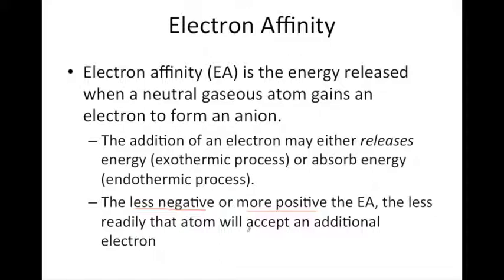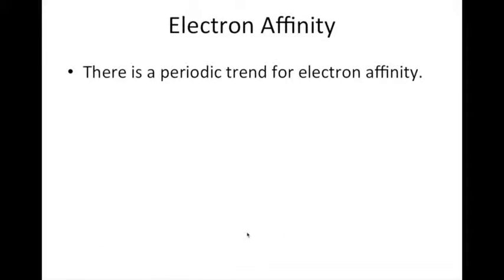Therefore, atoms which have very low electron affinities or positive electron affinities are less likely to form anions and more likely to form cations.